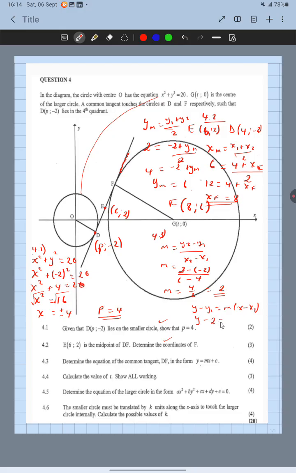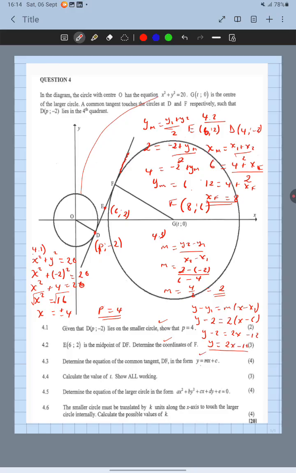E is (6, 2), so y minus 2 equals 2 times x minus 6. So y minus 2 becomes 2x minus 12, right? So y now becomes 2x minus 10. So that will be the answer there.